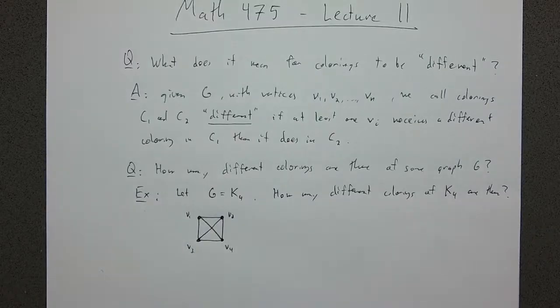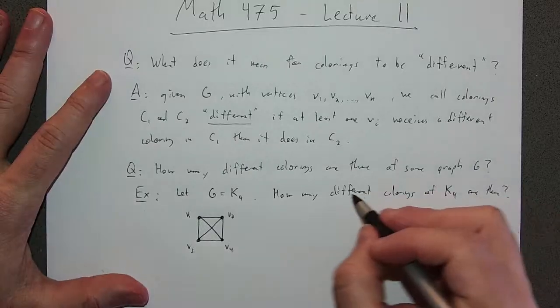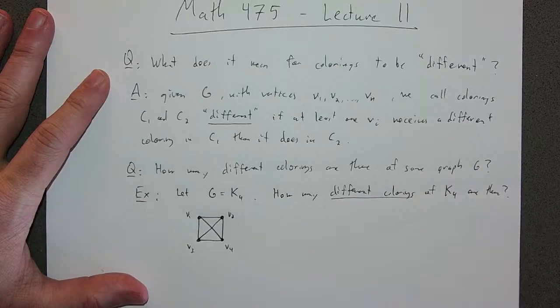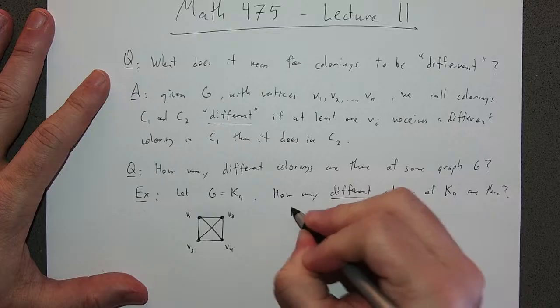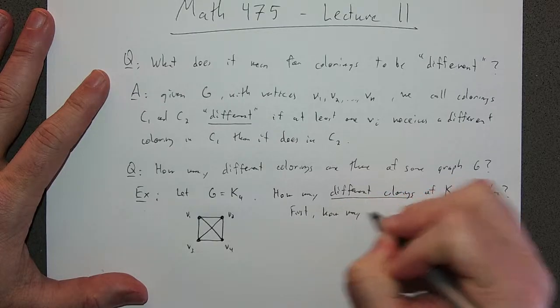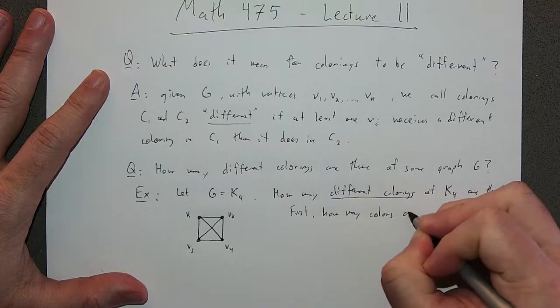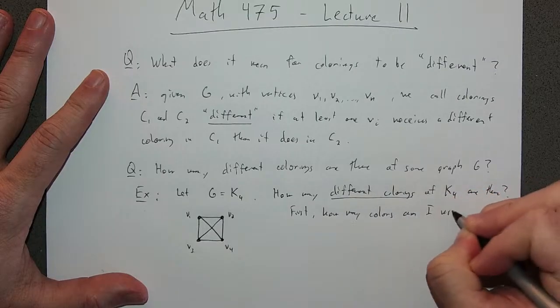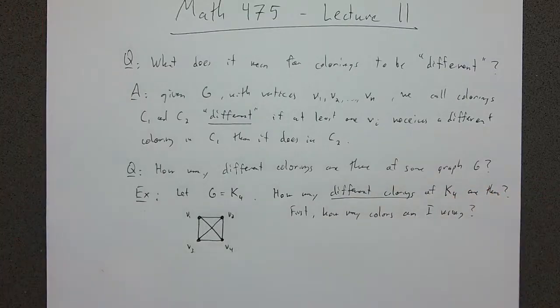First of all, I have to ask, how many colors am I using? That's going to matter here. It's definitely going to affect how many colorings there are. If I'm only using a single color, for instance, there's only one.